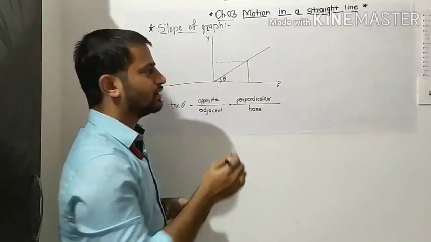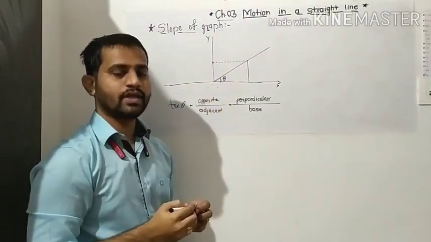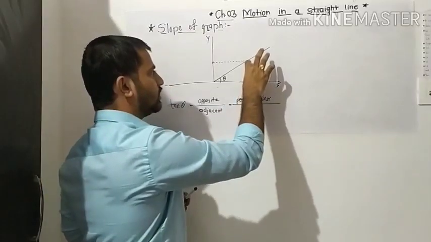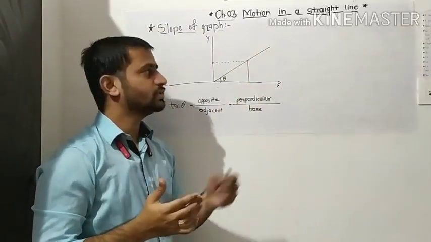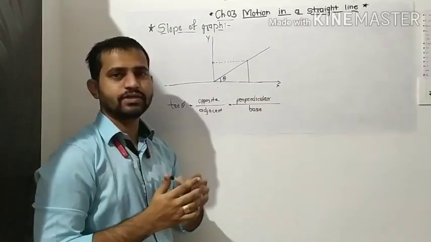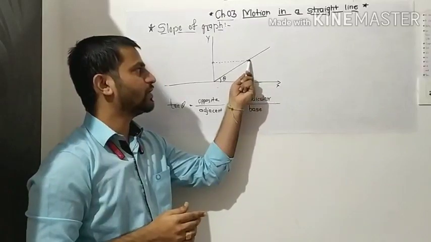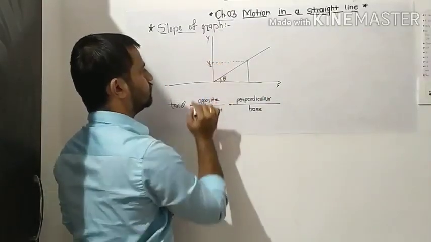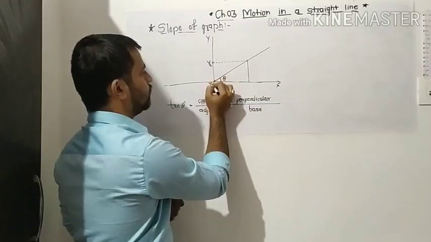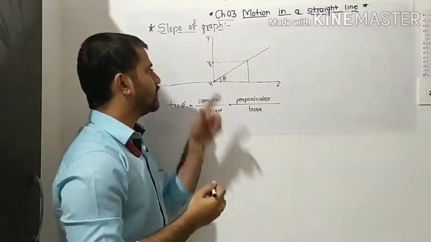Then we will get here the coordinates of y. Now to find this total length, we take the final position minus the initial position. Suppose this is y2, then this will be y1.